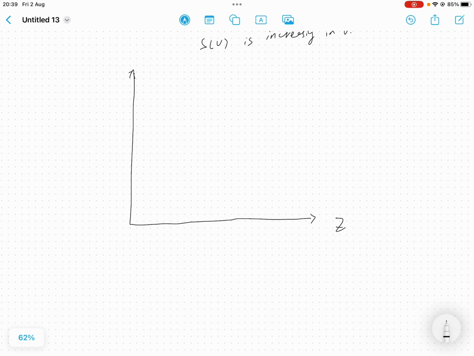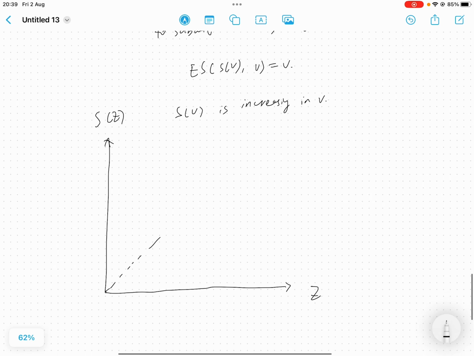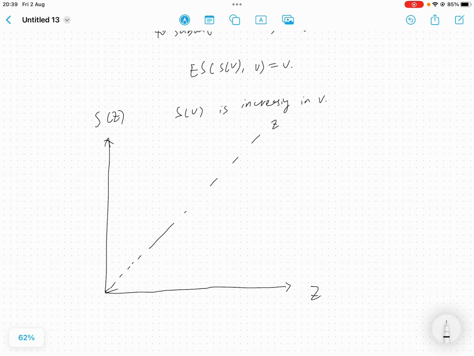So this is the asset payoff Z, and the vertical axis is the security payoff S(Z). On the 45-degree line is the cash, which is Z, and the equity. Equity is just a fraction of the future cash flow.